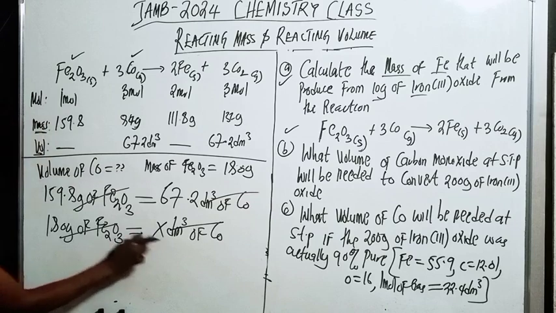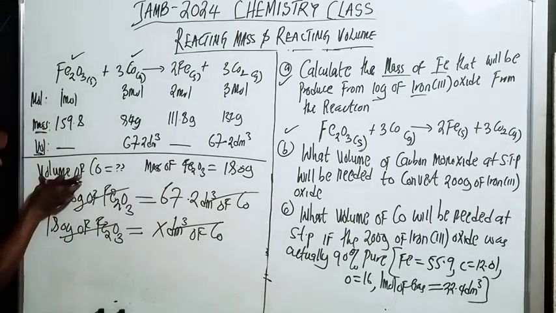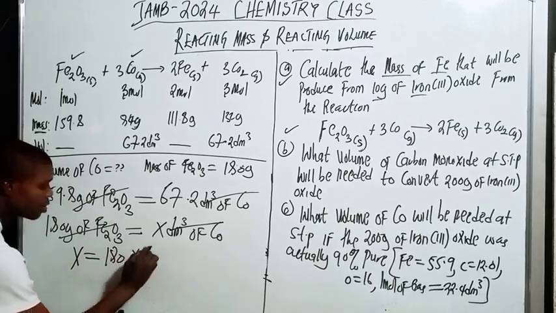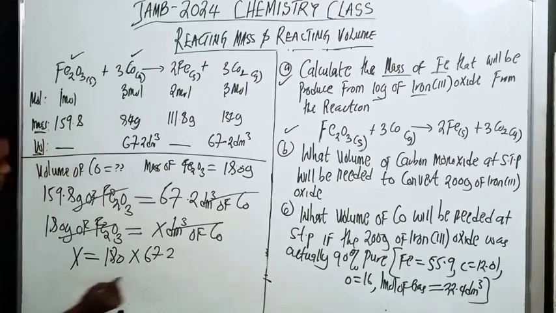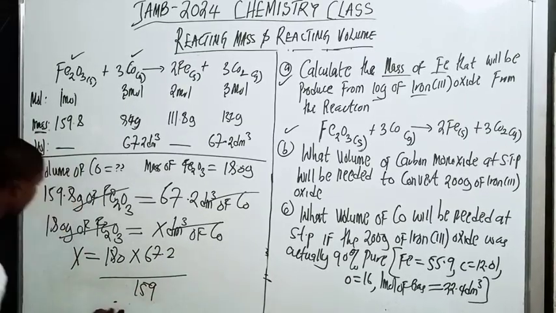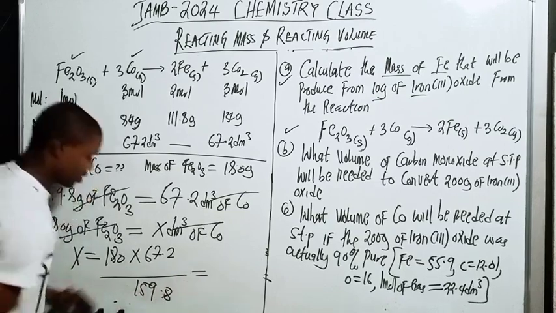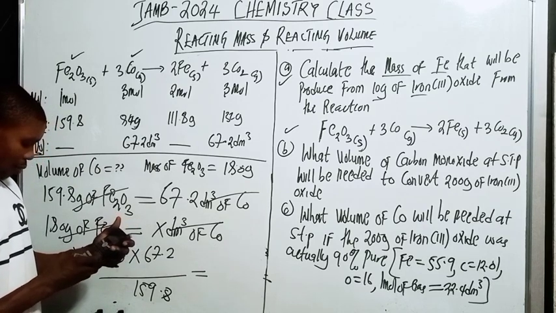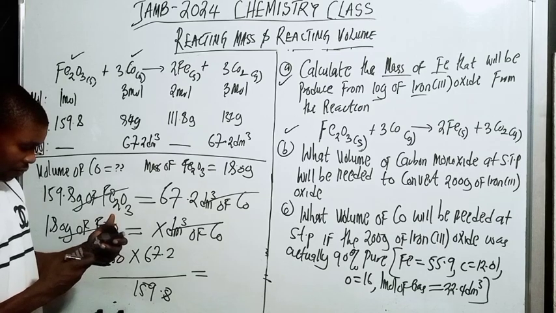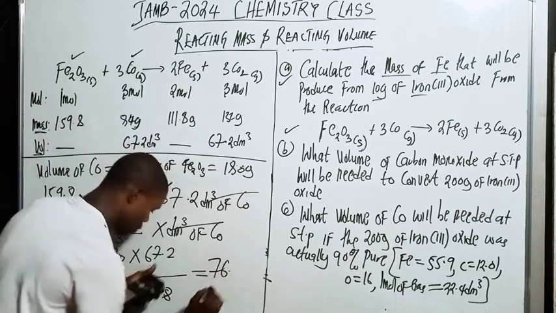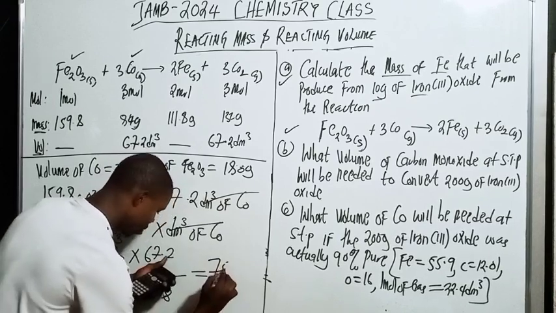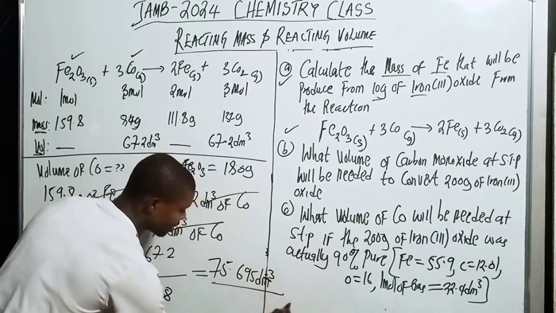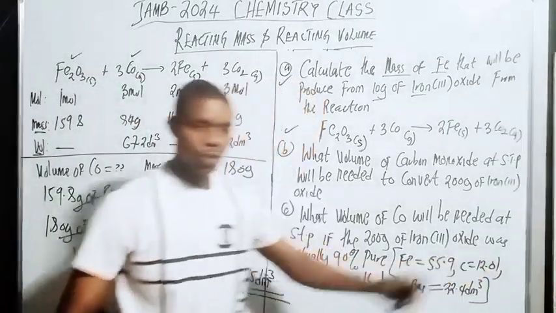This times this divided by this, so x equals 180 times 67.2 over 159.8. What is the answer? 180 times 67.2 divided by 159.8 gives 75.695 dm³. That is the answer.